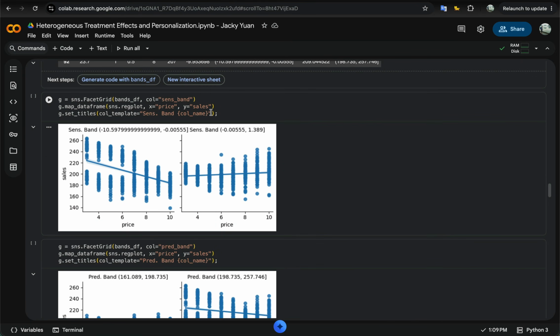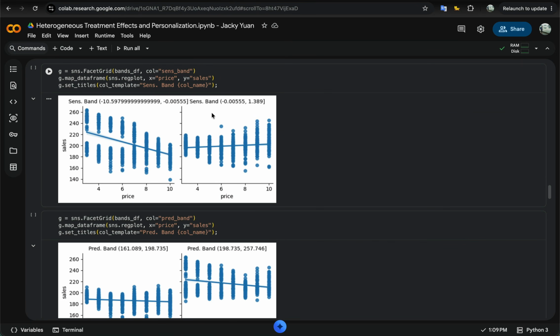Let me show you the two charts right here. The first one uses our causal inference model. You will see that in the more price-sensitive group, when the price increases, the sales drop. In the less sensitive group, even if we increase the price a little bit, the sales actually slightly increase.